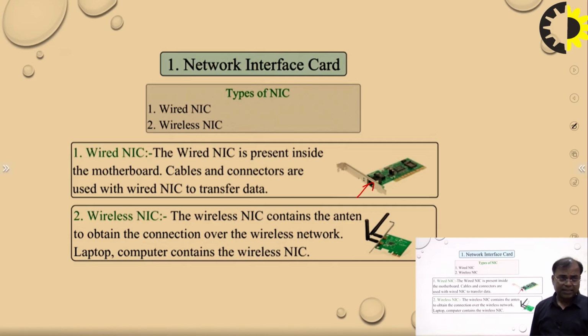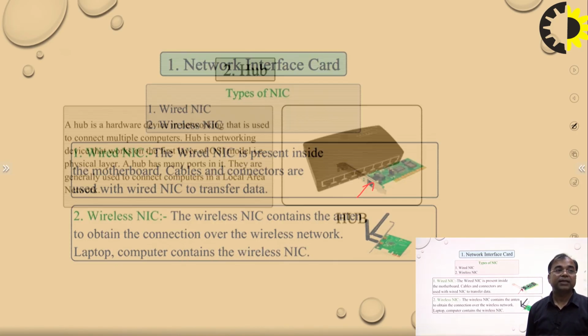The wired NIC is present inside the motherboard, and cables and connectors are used with the wired NIC to transfer data. The wireless NIC is connected to an antenna to obtain the connection over the wireless network. A laptop computer contains a wireless NIC.